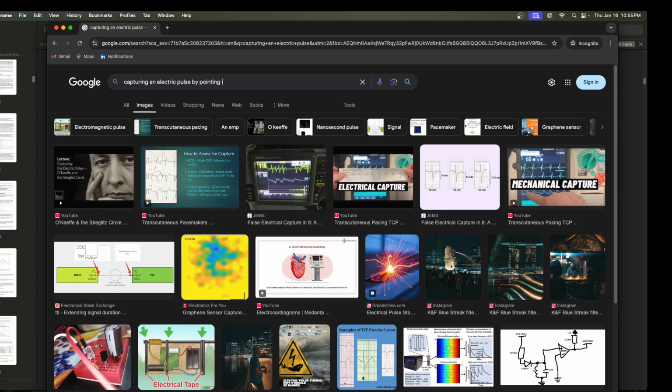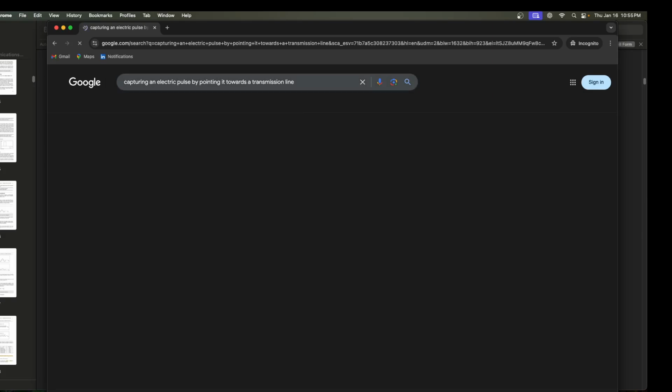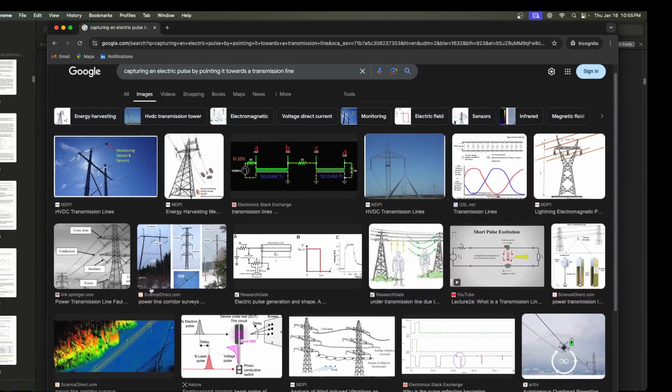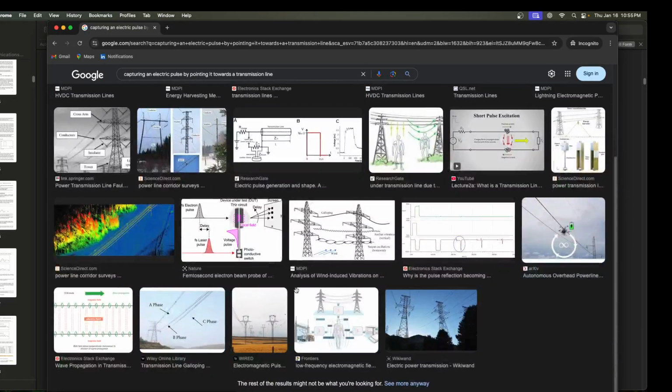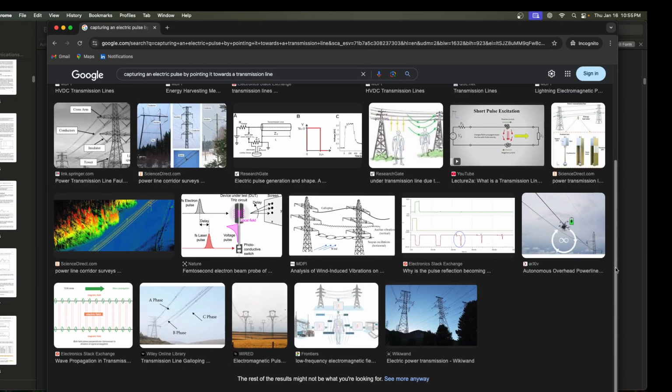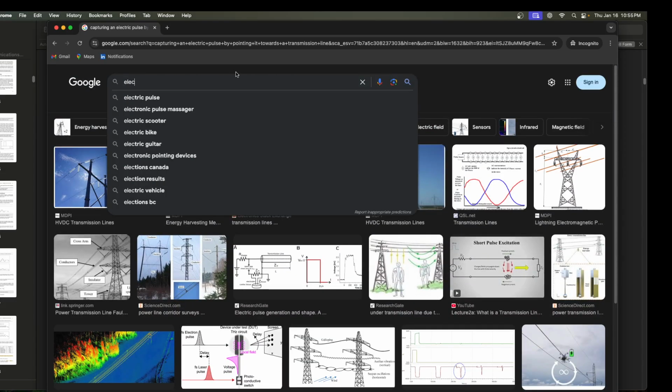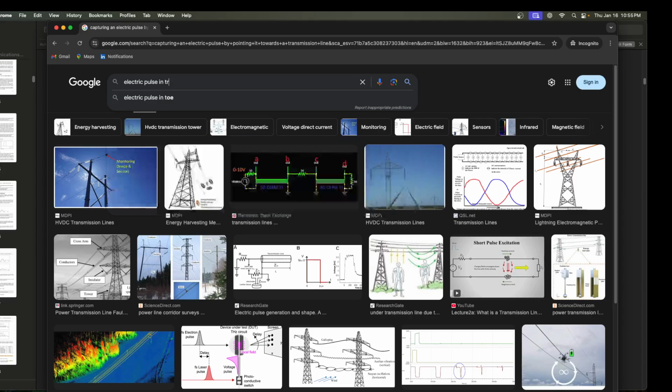If you point your camera, you can see the pulses.